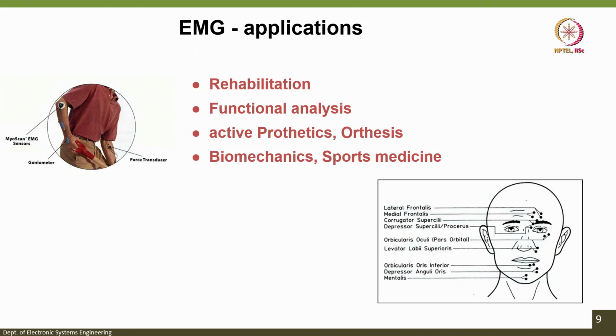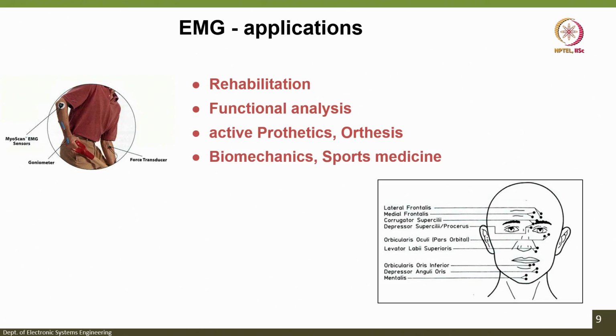The first one is rehabilitation. When you need to understand whether a person suffering from a stroke or a spinal cord injury is recovering, and whether the recovery is progressing or not, you can check this. If you think about moving a hand, and the hand is moving correctly, if you contract your palm and relax your palm, then relax your hand, contract your hand, then the signals would come, or we can acquire the signals, faithfully.